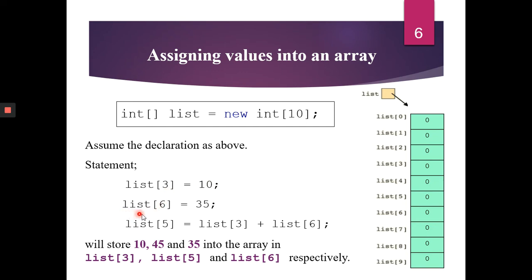The next one, we have list 6 equals to 35. So now we want to assign 35 to array list at index 6. The last one is where we want to sum the value of list at index 3 with list at index 6, and assign the result to list at index 5.